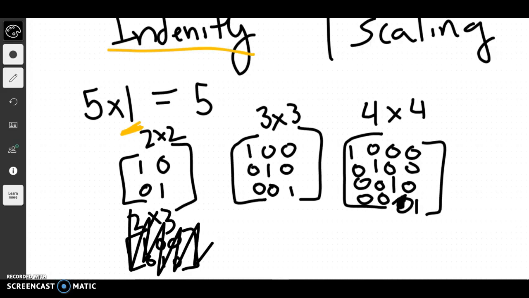So that's how you use a matrix to times by 1. If you have a 2 by 2, you can times it by 1 by using these identity matrices. An identity matrix is just diagonal ones and zeros to fill in the rest. We'll see why this works out so nicely when we do matrix multiplication.